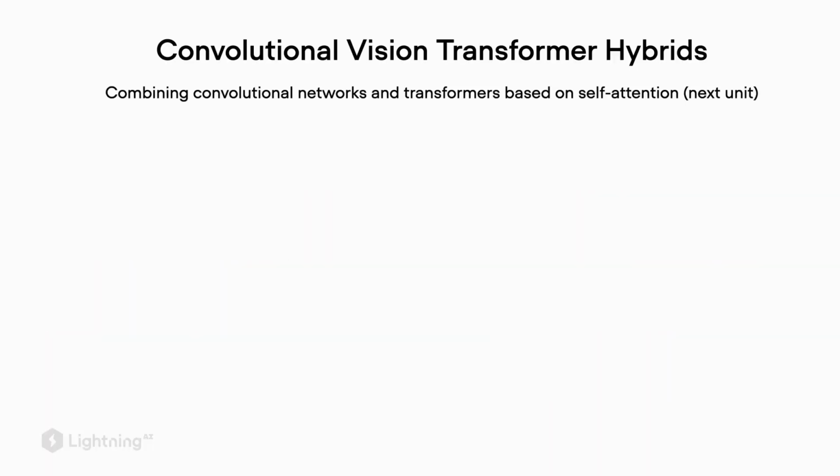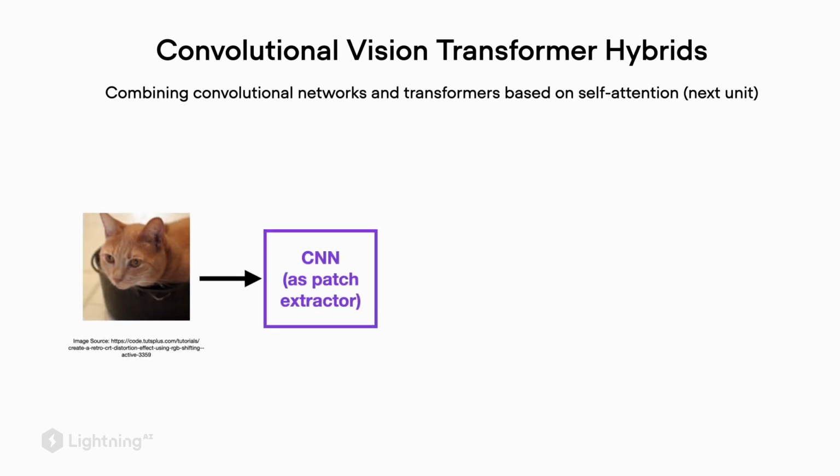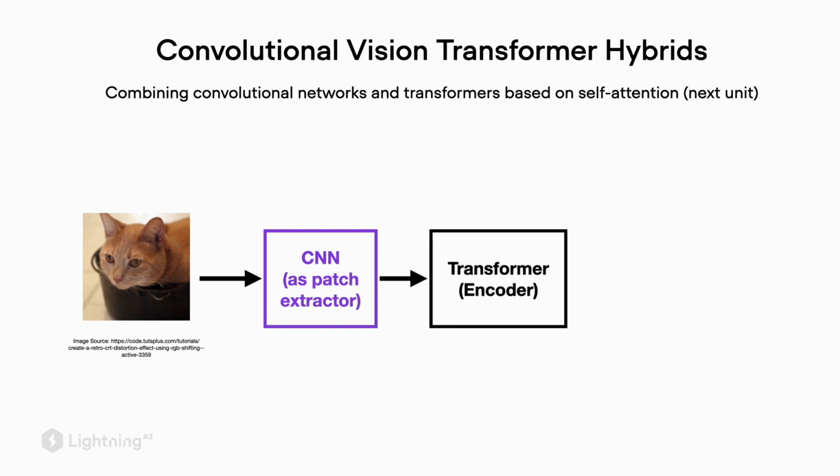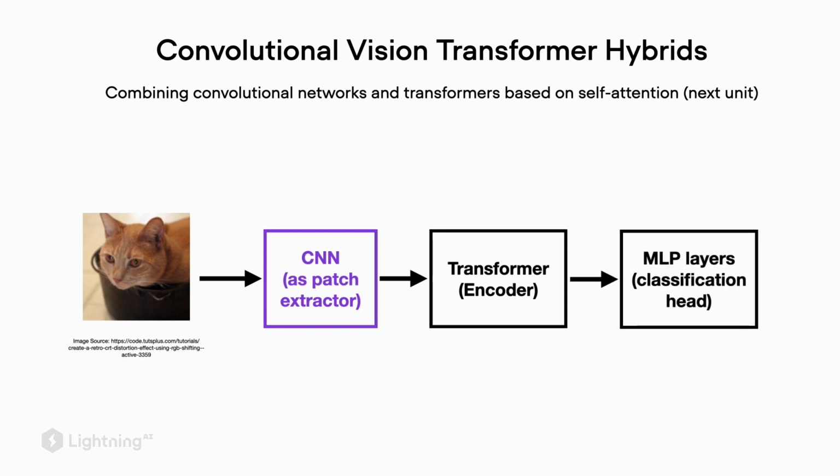In this convolutional vision transformer hybrid, we use a CNN part or convolutional layers as the patch extractors. And then the extracted patches are passed to this transformer encoder, which will produce encodings that are then passed to multilayer perceptron layers, which then do the classification. But if you have not heard about transformers yet, don't worry, we will discuss transformers in Unit 8.